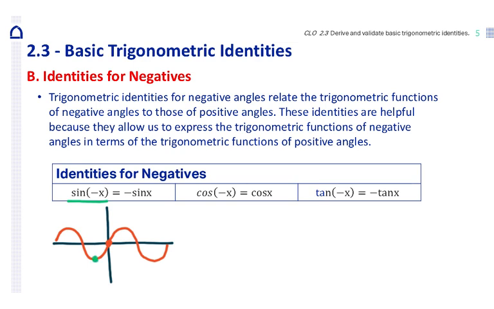Let's use that one as an example. And it turns out that that will exactly be equivalent to the positive angle on the same side, but then you reflect that, you make it negative, you reflect that value down, and you will see they're going to have that same height, that same y value. So anytime you see the expression sine of negative x, you can replace it with negative sine of x.